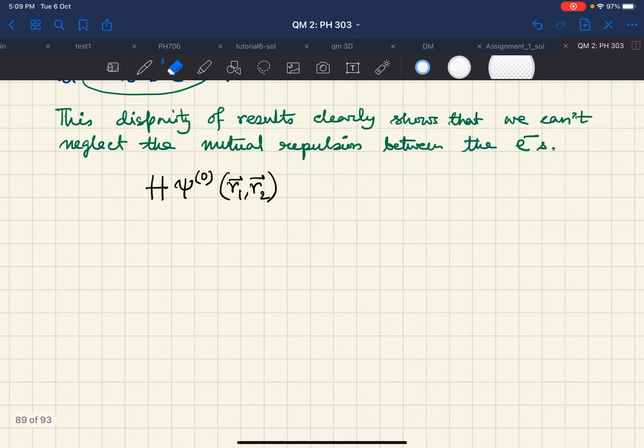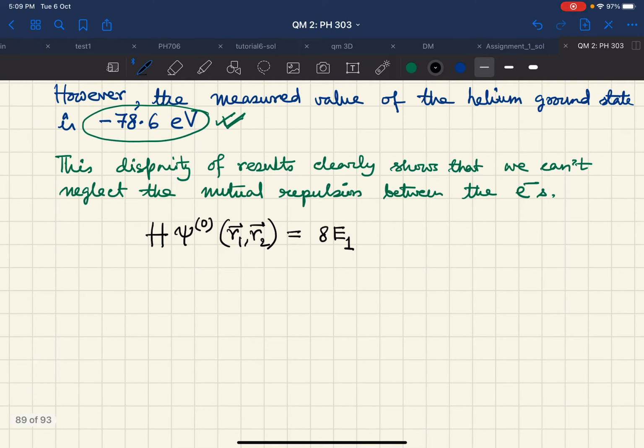So H psi 0 R1 R2 is equal to, since we are talking about the helium atom, by neglecting the electron repulsion term, we had just seen that this is the ground state energy that is there. So to this we are saying that we have to add this electron repulsion term, and then we put this psi 0 R1 R2.